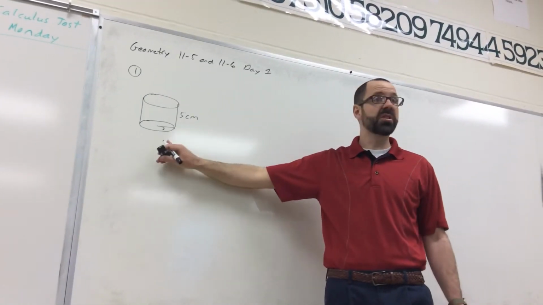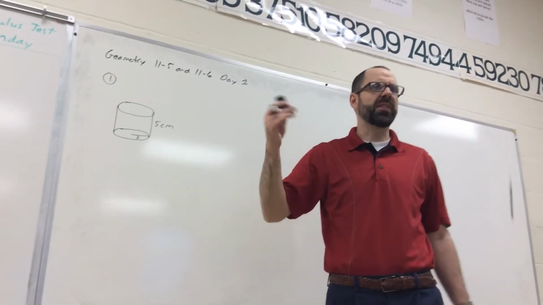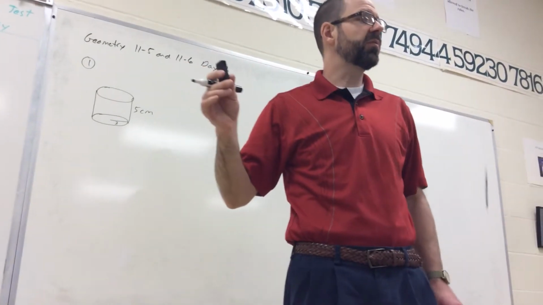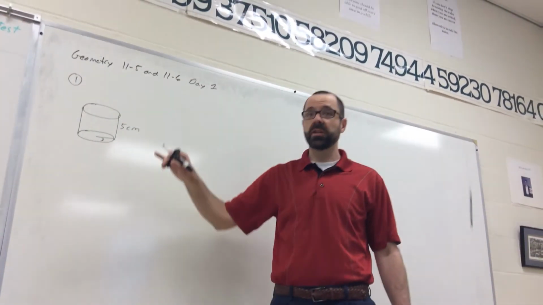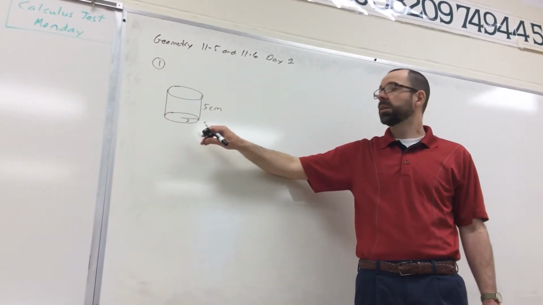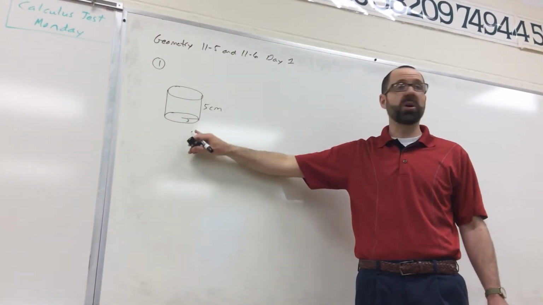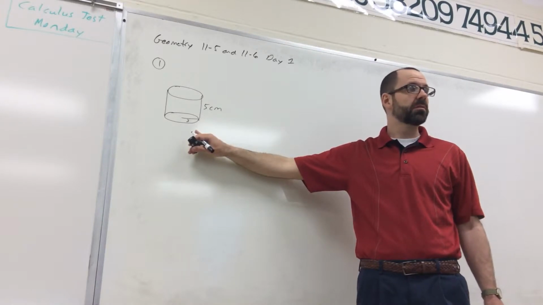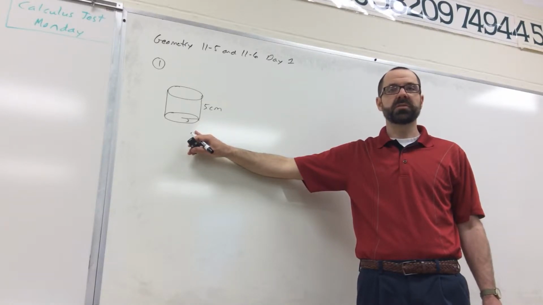Okay, so first thing we have to figure out, well, the question says find the volume. So the first thing we have to figure out is which formula to use over there. So it's clearly not a sphere, right? Does it have 2 bases, or does it have 1 base and a point? Yes.